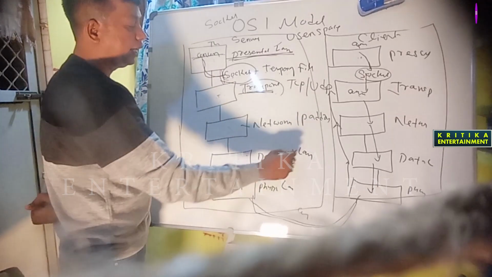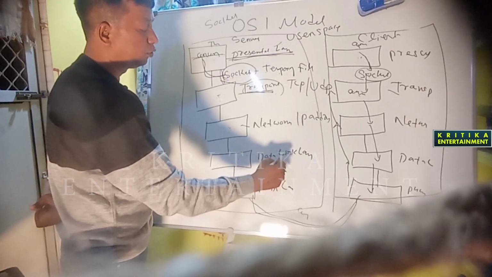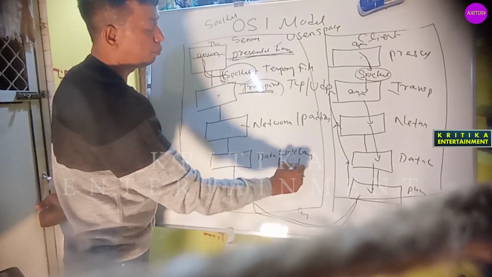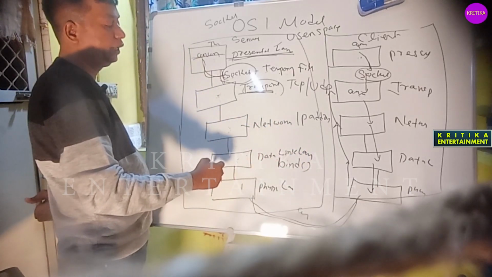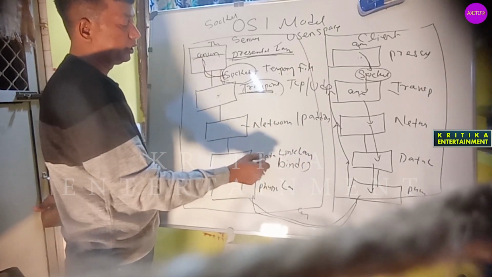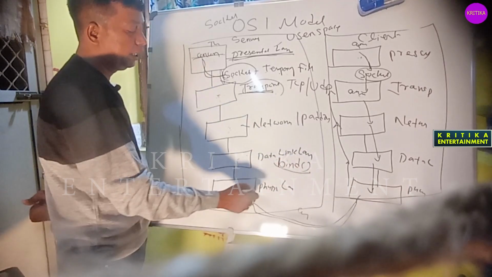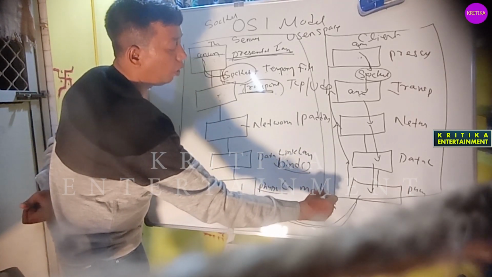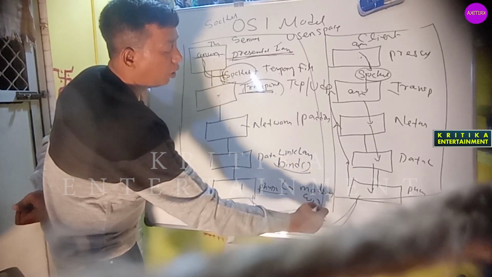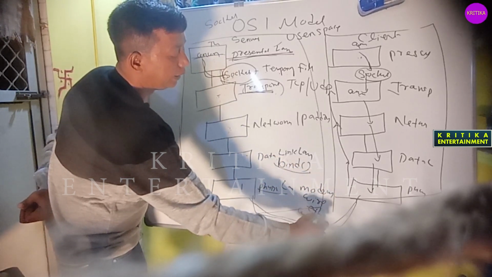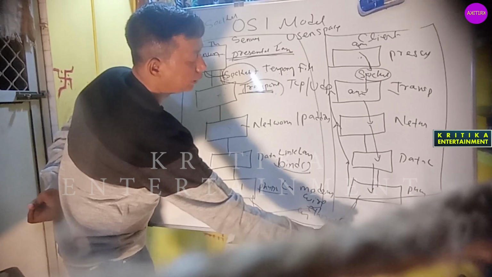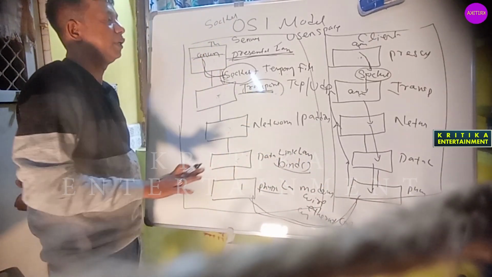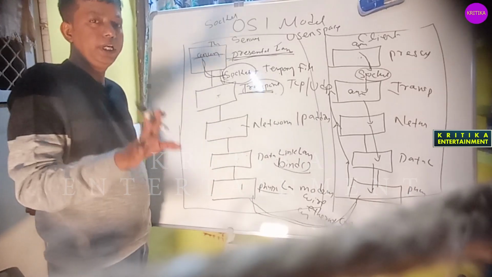The data link layer links the data, so it uses the bind function, which I will explain later, to create a link between two processes. The physical layer contains your modem, wire, or Ethernet card. This is the structure of the OSI model. So I think it is clear.